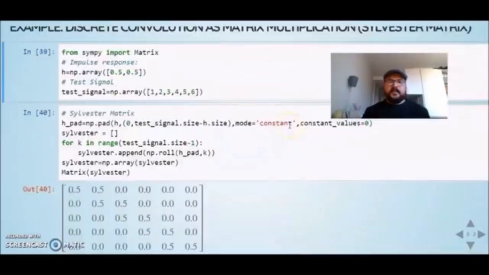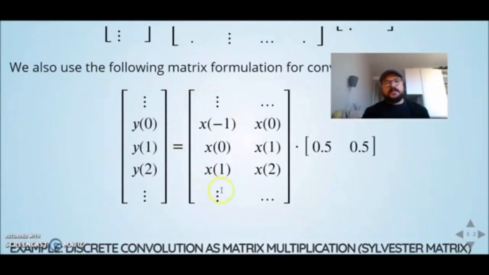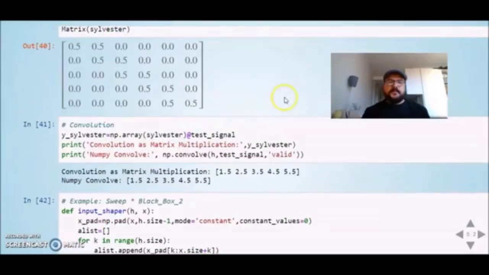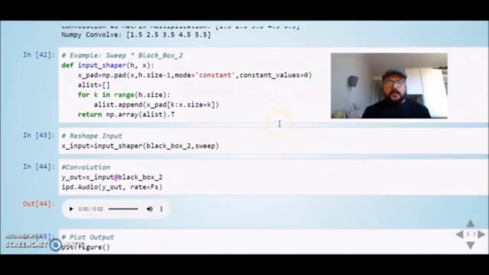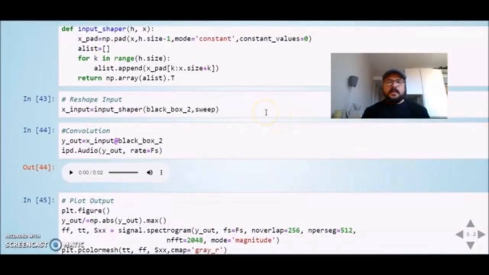So another example, not using the Sylvester matrix, but using this change of shape in the input signal, we will now convolve our sweep sinusoid that we used in the previous example with the black box number 2 that we also used in the previous example. So this is a high pass filter approximation of a Chebyshev type 1 of third order with 3 dB allowance ripple in the pass band, and the cutoff frequency was 8 kilohertz.